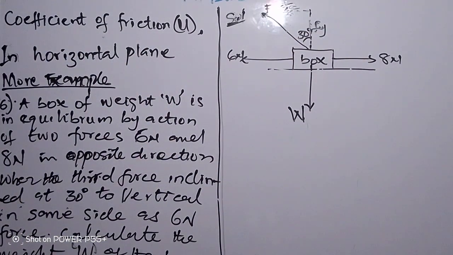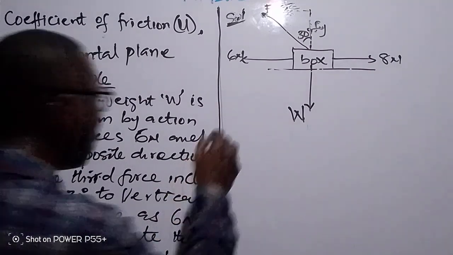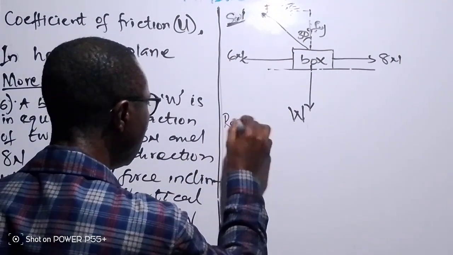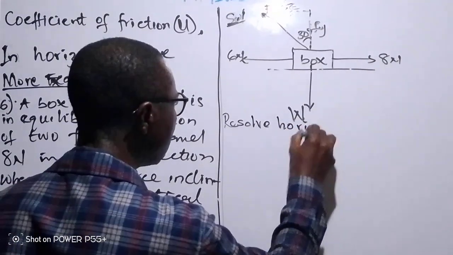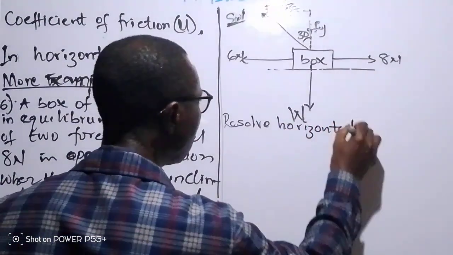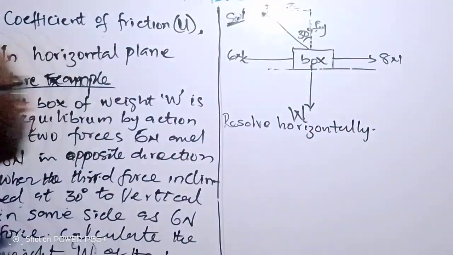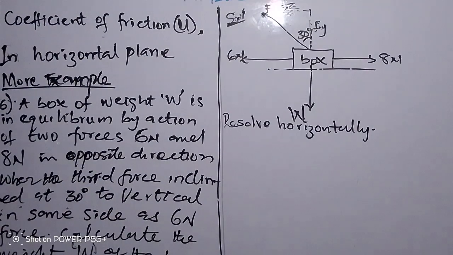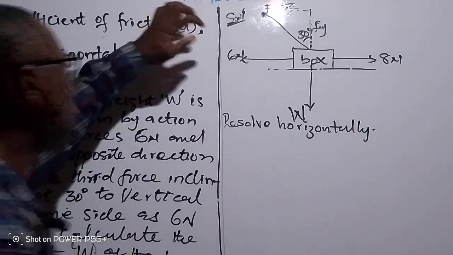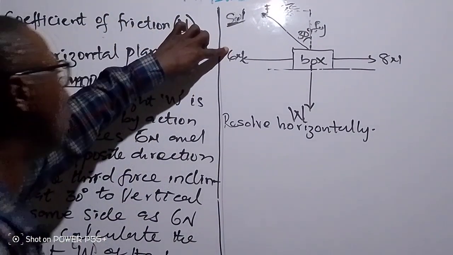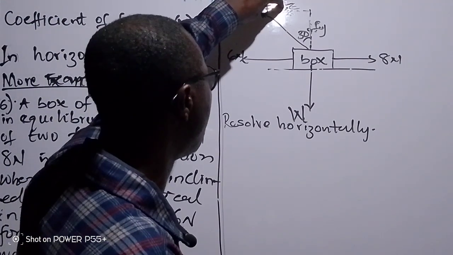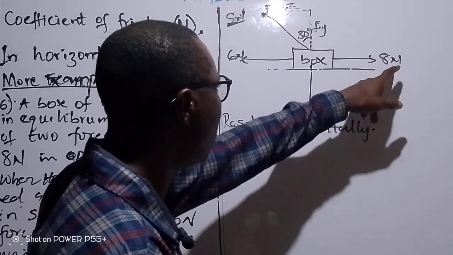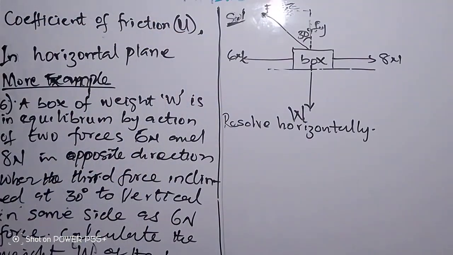Now, the first thing we are going to do is resolve horizontally. If we want to resolve horizontally, then we need to take the 6 Newton as horizontal force, our Fx also as horizontal force, then our 8 Newton as horizontal force.